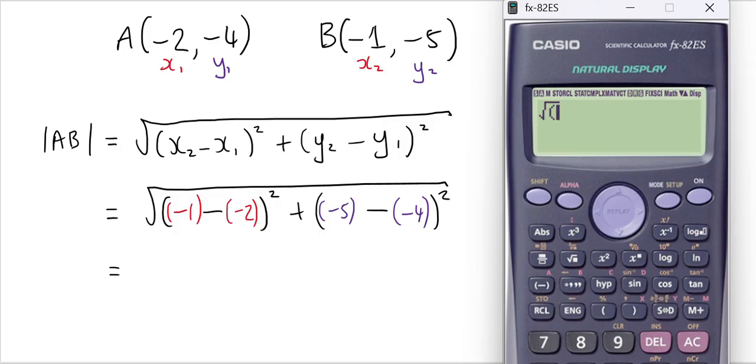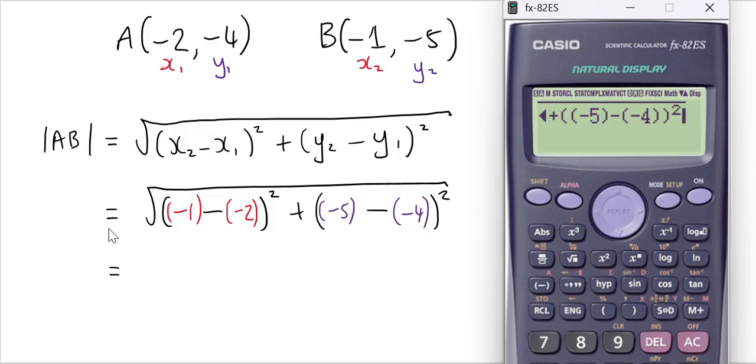Then inside here, we have another bracket, -1, close the bracket, minus, reading from left to right, there's another bracket, -2, close the bracket, then we've got our squared, then a plus, then our black bracket, then a purple bracket, then -5, then we close our bracket, then another minus, then a purple bracket, -4, close the purple bracket, another black bracket, and then the squared.